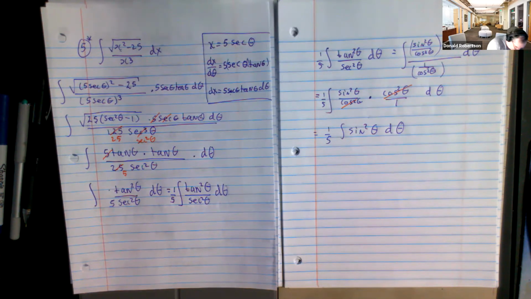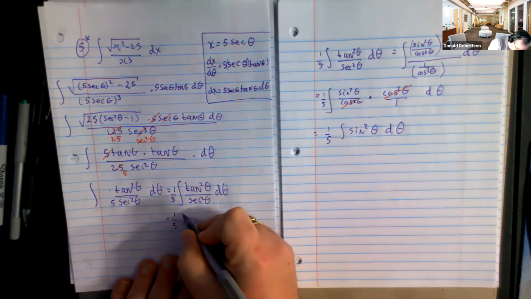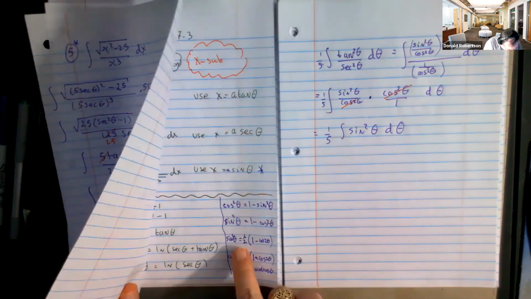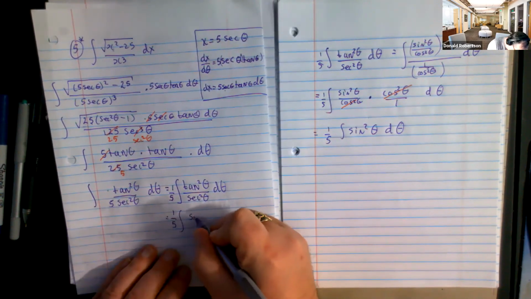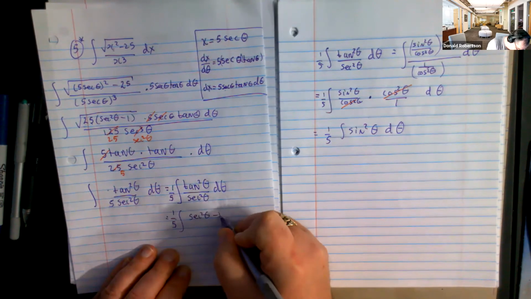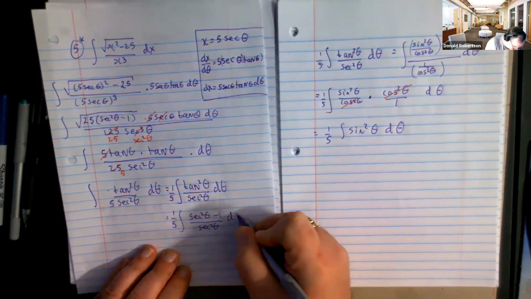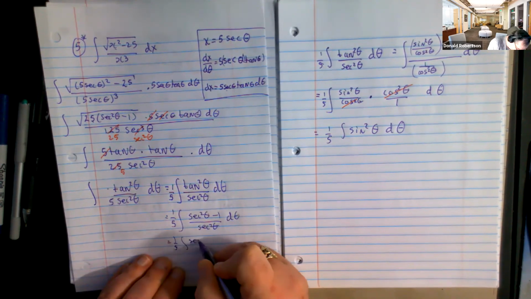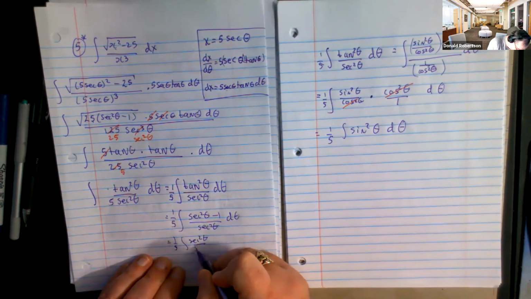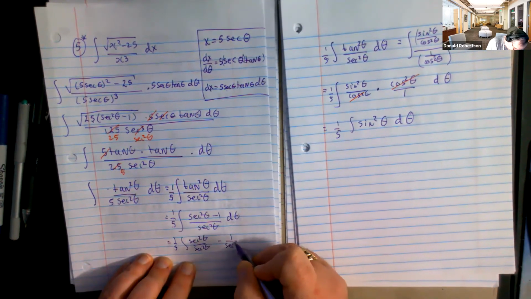So, well, let's show you, I've got room. Tan squared, what is it? Is secant squared minus 1. If you split this into 2 separate things, you get a secant squared over a secant squared, take away a 1 over secant squared.